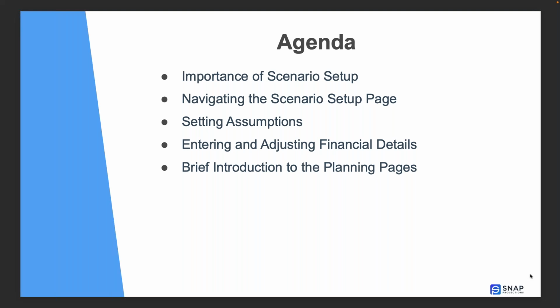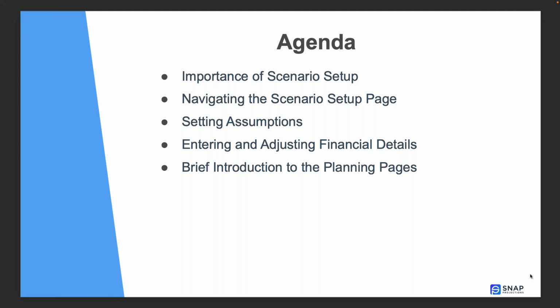And then in regards to navigation, navigating the scenario setup page in Snap Projections is essential for effectively building and managing financial plans. The page serves as the central hub where advisors can enter key client information, again, including income sources, expenses, assets, liabilities, and tax settings.